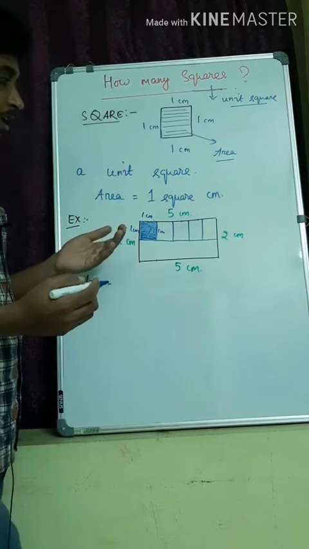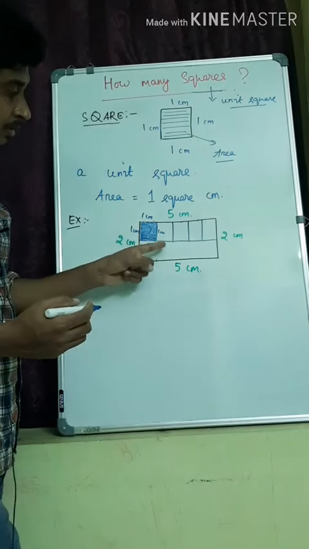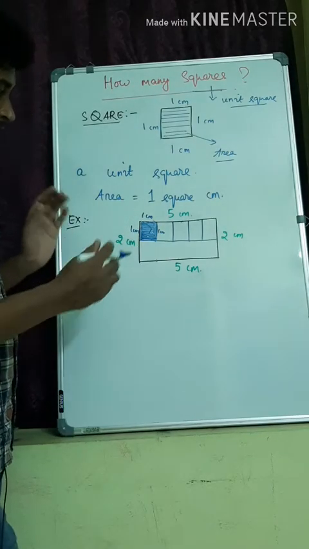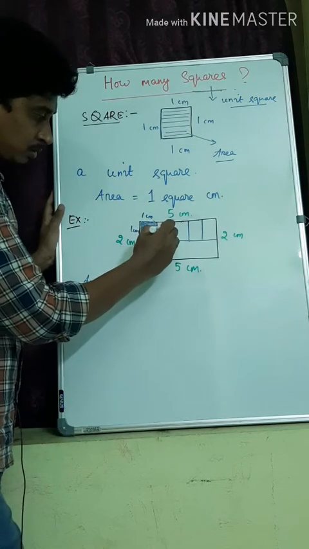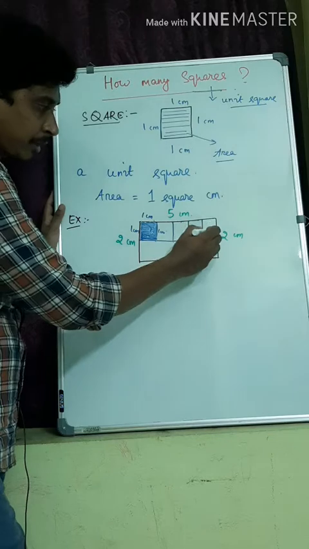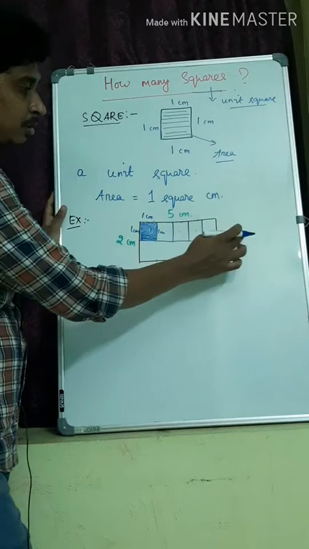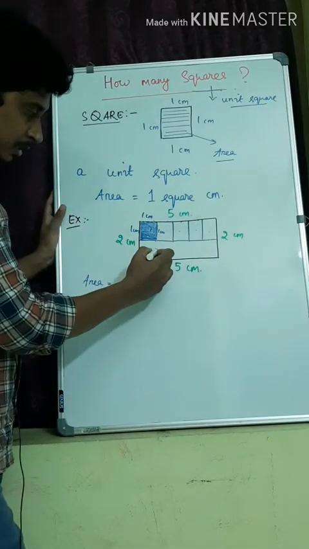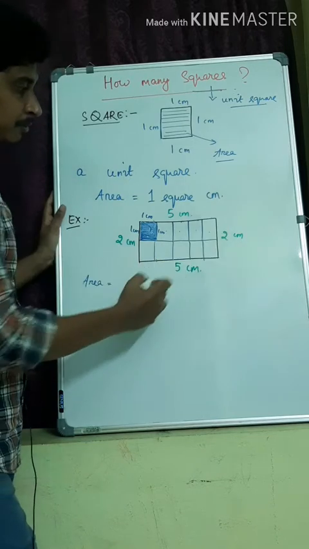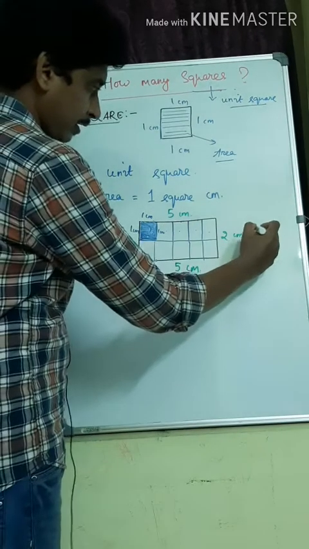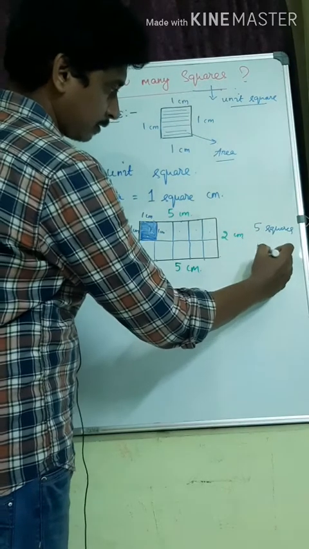And now the question is, how many such unit squares are there in this rectangle? If we arrange them, we can arrange 5: 1, 2, 3, 4, 5. There are 5 unit squares in row 1. And similarly in row 2 there are 1, 2, 3, 4 and 5. So in the first row there are 5 squares, and in the second row there are again 5 squares.